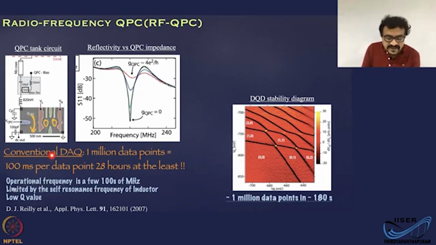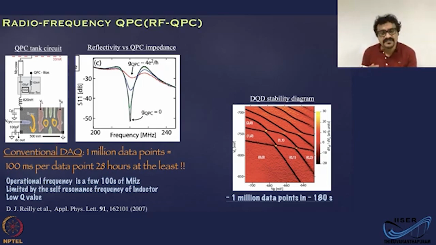But if you have a conventional data acquisition protocol, 1 million data points, even if you go the fastest, you assume that you can get one data point in 100 milliseconds. That is really fast when you look at the DC measurement on these devices.